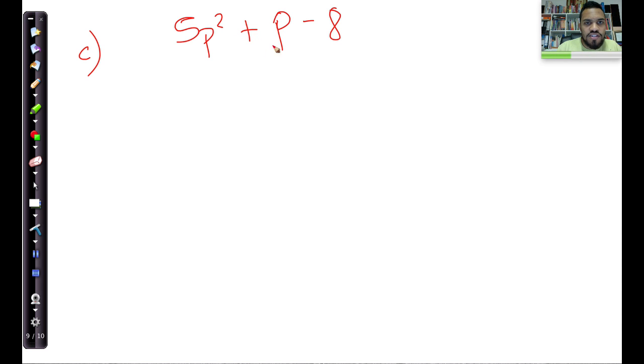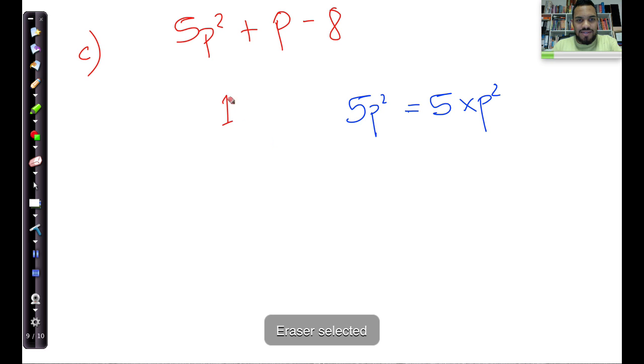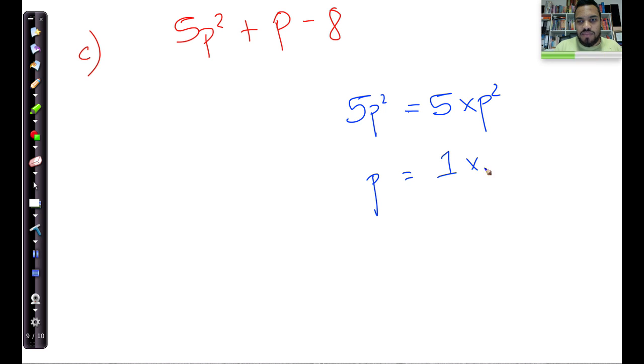Well, the coefficient of p here is actually 1 because there's a little invisible 1, because you must remember 5p squared is actually 5 multiplied by p squared, or 5 multiplied by p again, right? So let's take that 1 away there. Okay, similarly, p is equal to 1 multiplied by p.